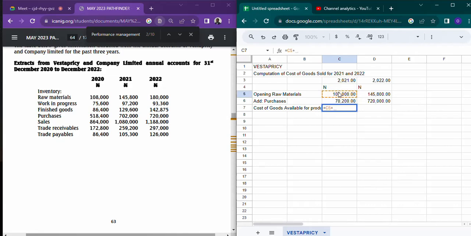Opening inventory add purchases. Is that clear? Then deduct the closing inventory of raw materials.